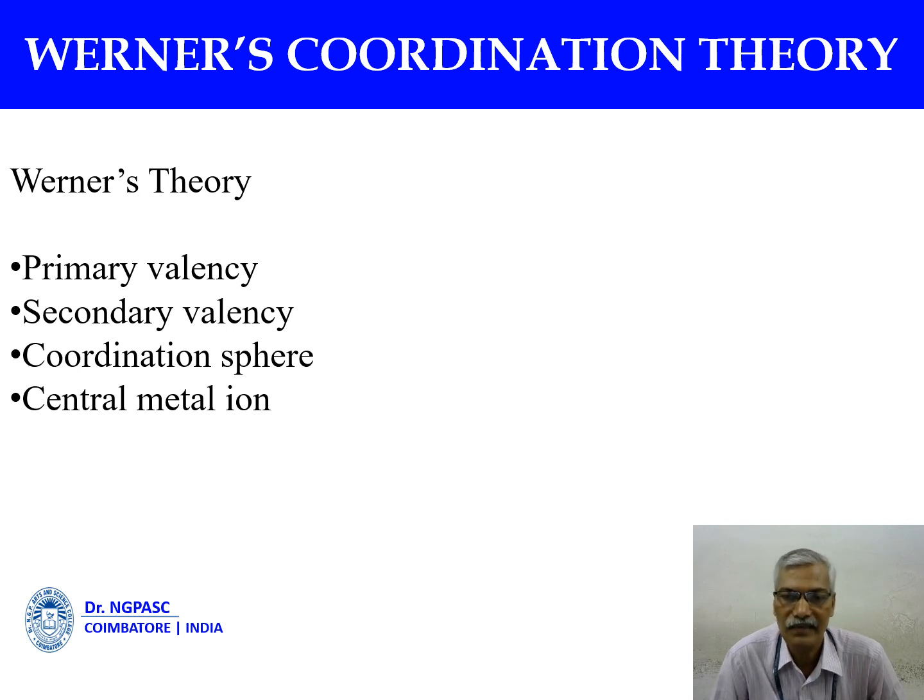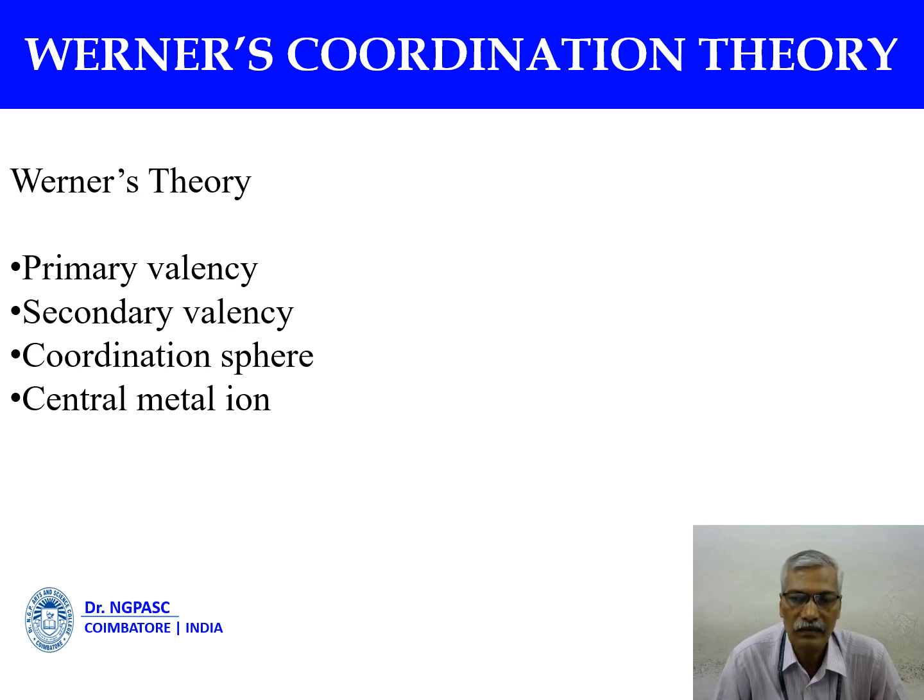But for the secondary valency, we need to go back to the slide with the coordination sphere. From there we can understand that secondary valencies can be satisfied not only by anions, but also by neutral molecules. This is the basis of Werner's coordination theory.